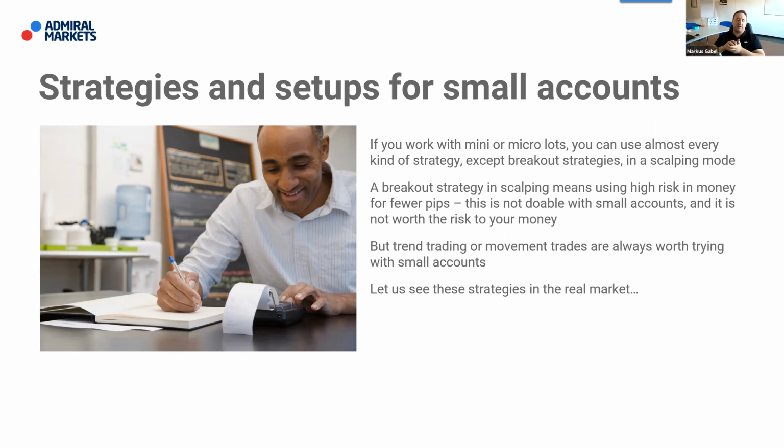A breakout strategy in scalping means using high risk in money for fewer pips. And this is not doable with small accounts because it's not worth risking that money. But trend trading or movement trades, how I do it, is always worth it with a small account.